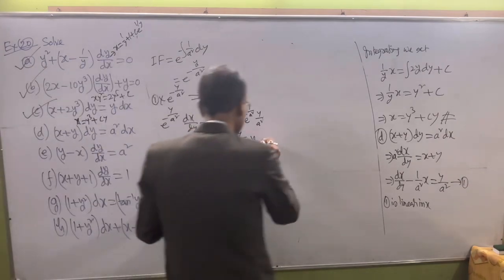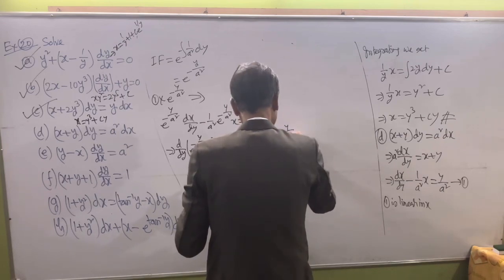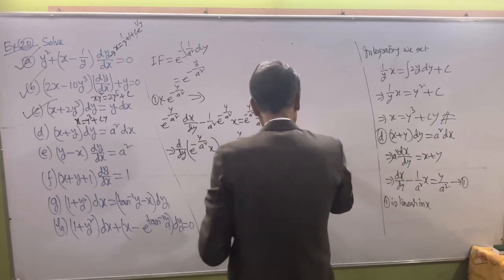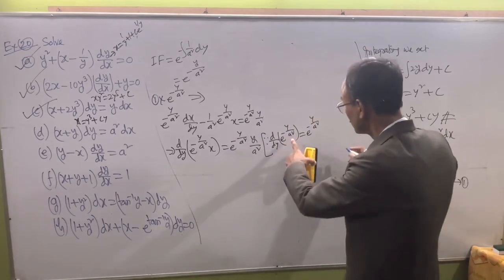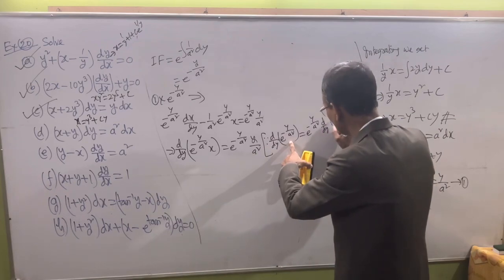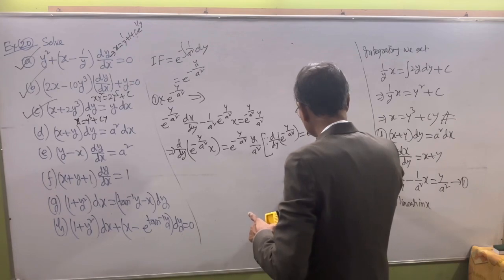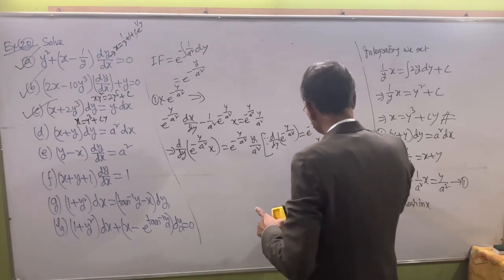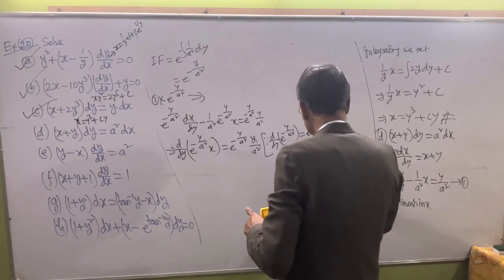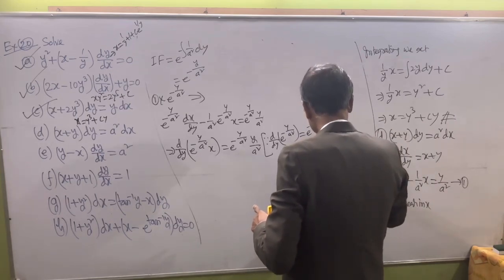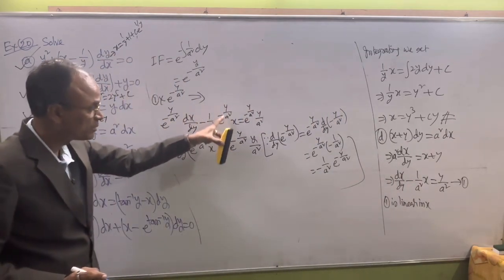Because we can write like this: d dy of e to the power minus y by a square is equal to e to the power minus y by a square into d dy of minus y by a square. It will be minus 1 by a square only. This is equal to minus 1 by a square e to the power minus y by a square.